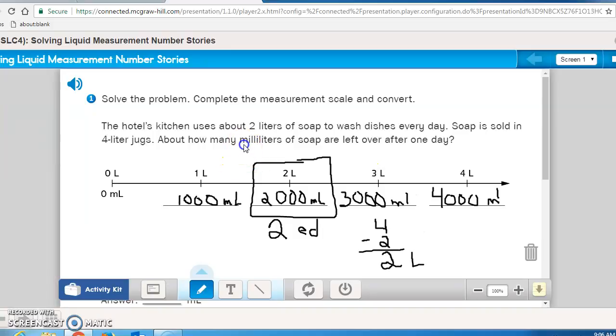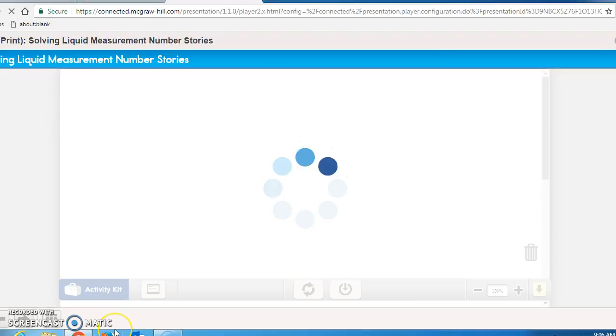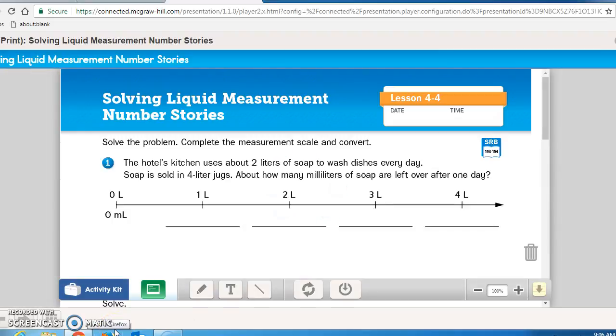But it asked again for milliliters. So I looked on my conversion chart that I created, and I realized that my answer is going to be 2,000 milliliters is what will be left at the end of each day. Remember on multiple step problems to go back and check and make sure that you have the right answer.